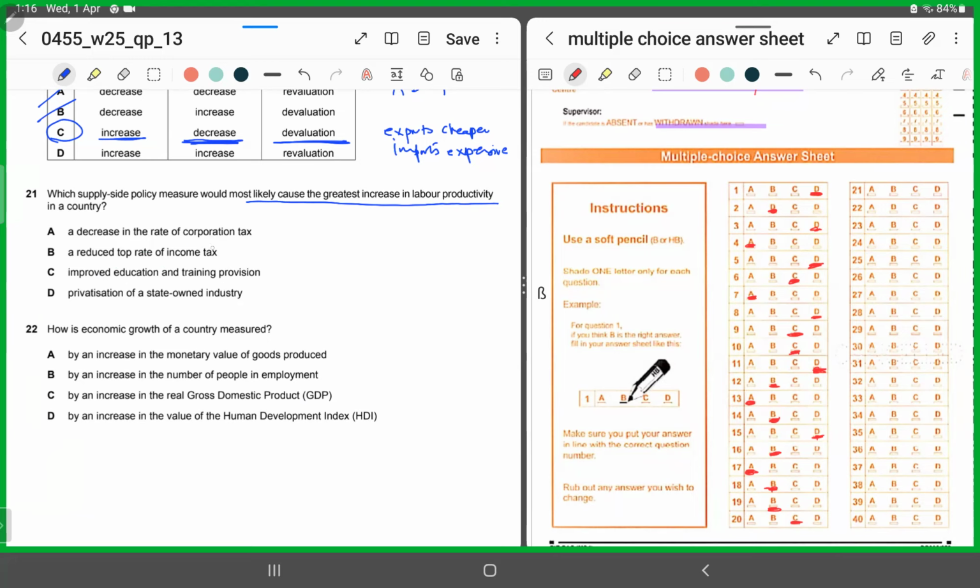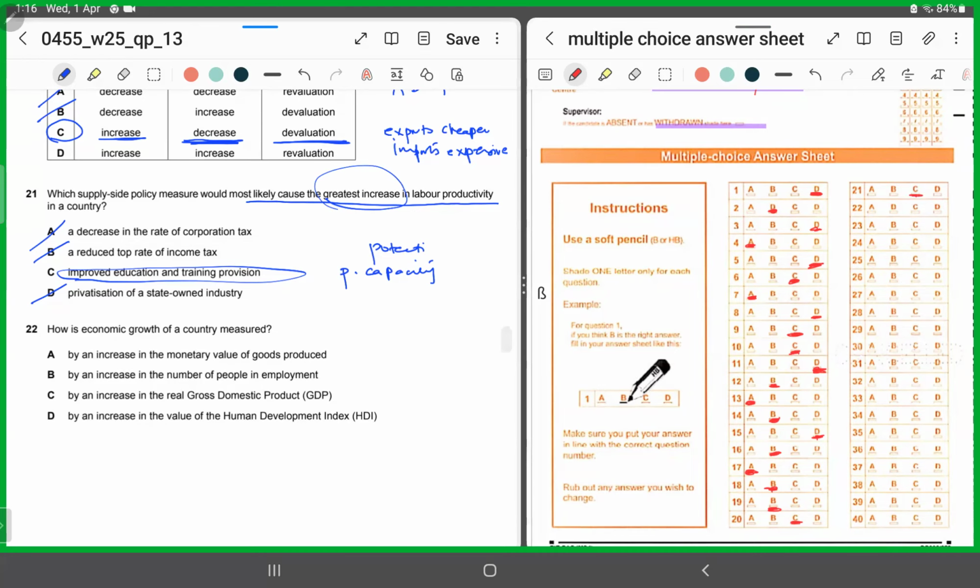All A, B, and D can contribute, but in an indirect way. It's improving education and training provision, which would boost the productive potential of an economy, because they're saying greatest increase. So for 21, we shade in C.